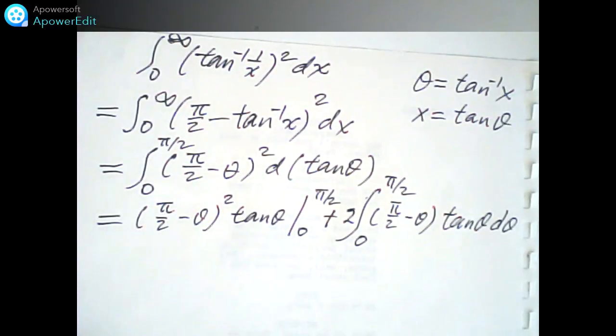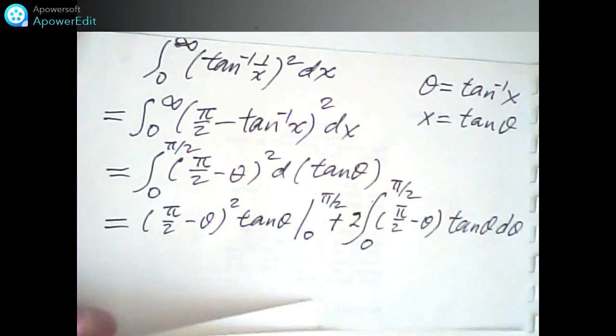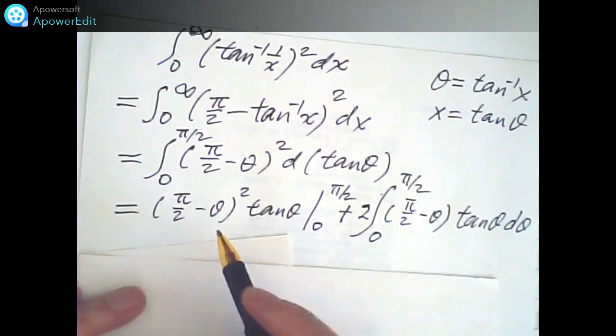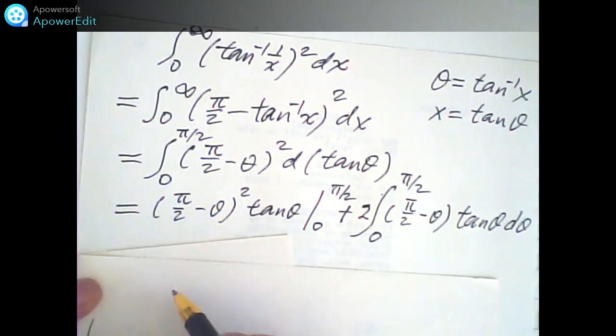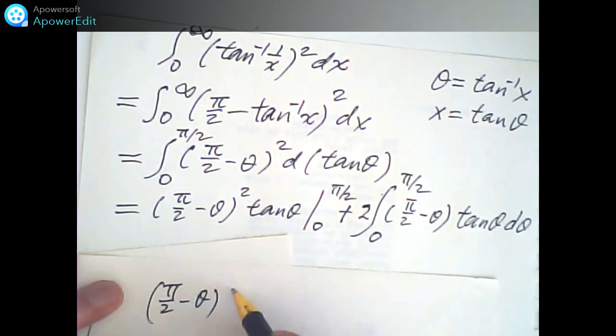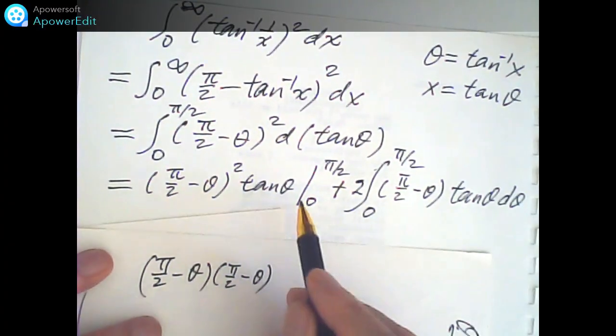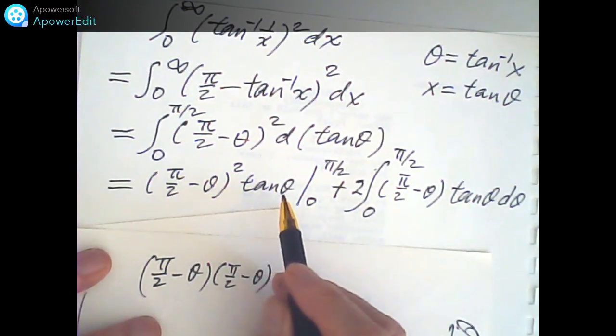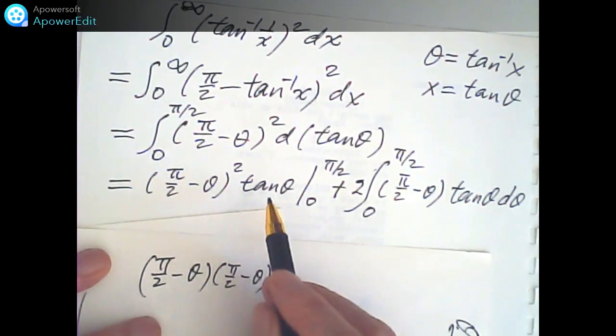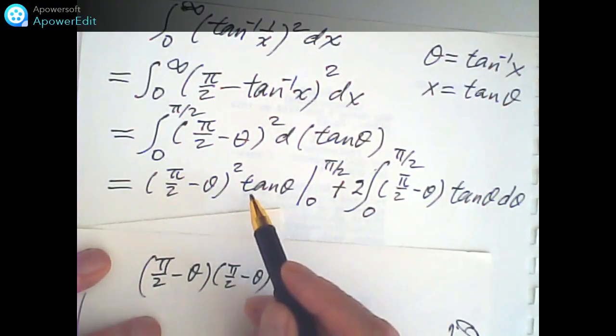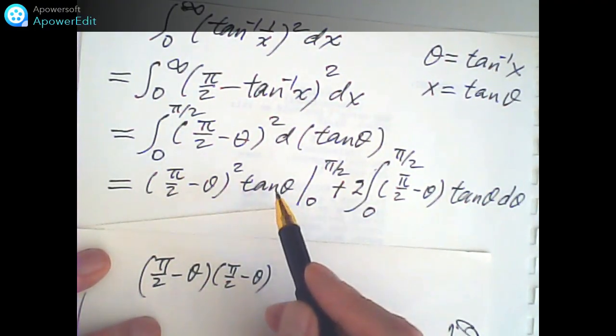This one has a problem again. Well, this is half pi minus theta times half pi minus theta times tangent theta. Tangent theta is cotangent of half pi minus theta.